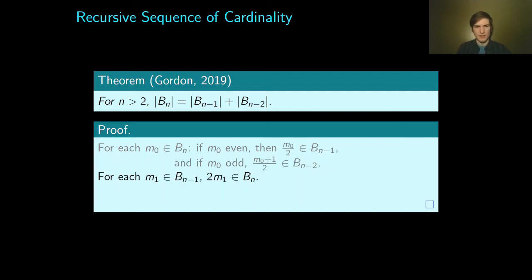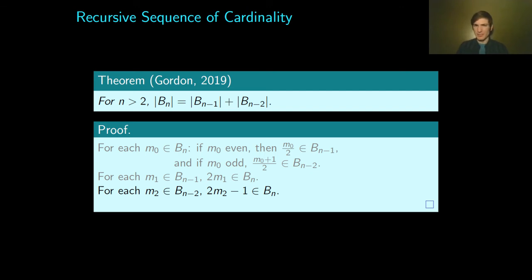Let's take an arbitrary element in B_{n-1}. Then 2 times that is in B_n. And an arbitrary element in B_{n-2}, 2 times that minus 1 is in B_n. This shows that everything in B_n is in one of these lower sets, and only those things in those lower sets are in B_n, showing that the cardinalities have this nice addition property.